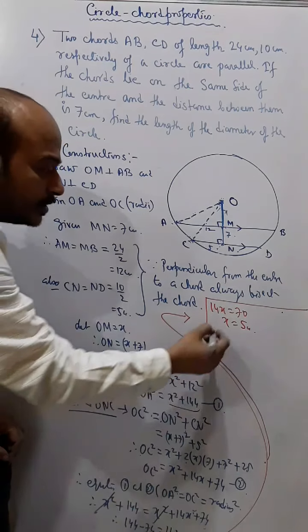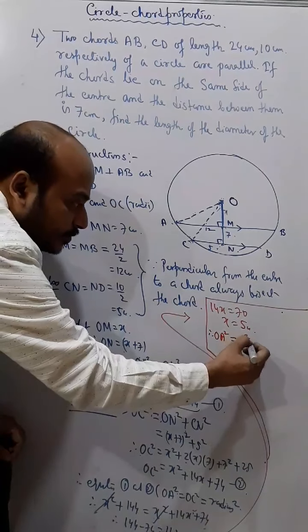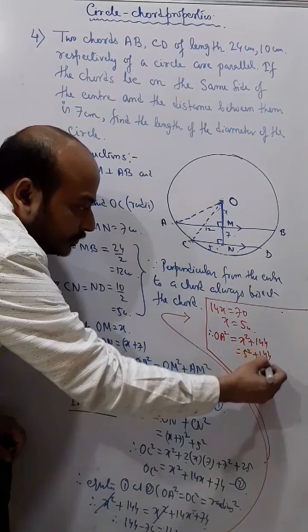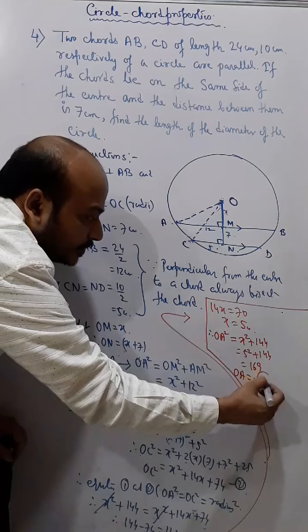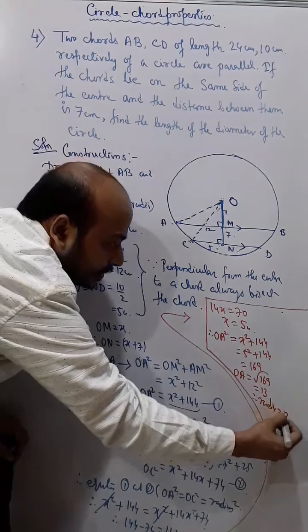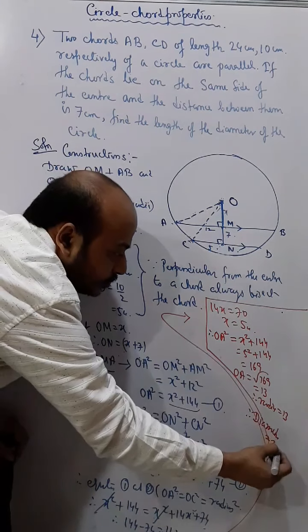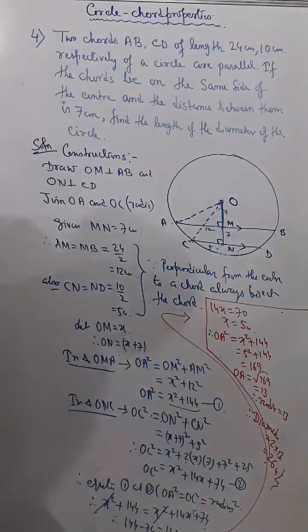OA square is equal to x square plus 144, that is 5 square plus 144, that is 169. We are getting OA as root over 169 is equal to 13, that means radius is equal to 13, and therefore you can say diameter is equal to 2 into 13 is equal to 26 centimeters. Understand? So the diameter you are getting as 26 centimeters.